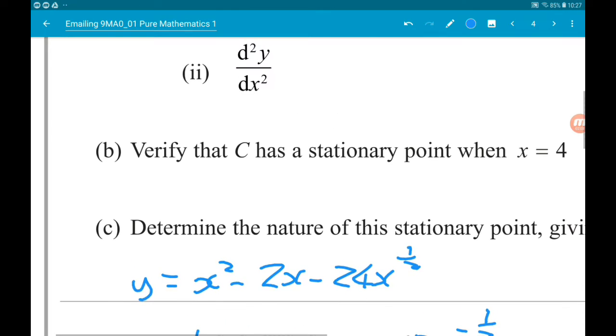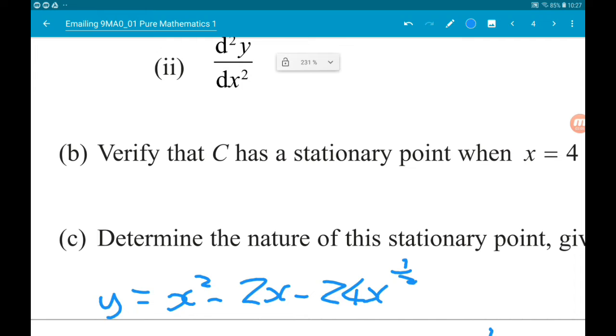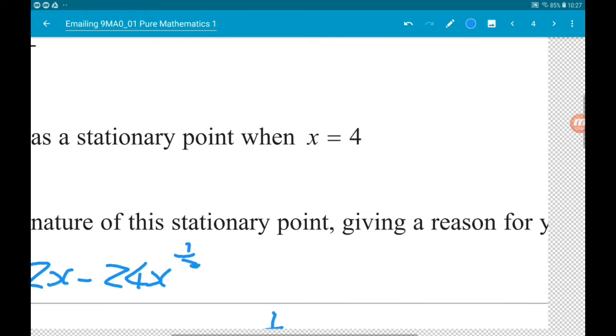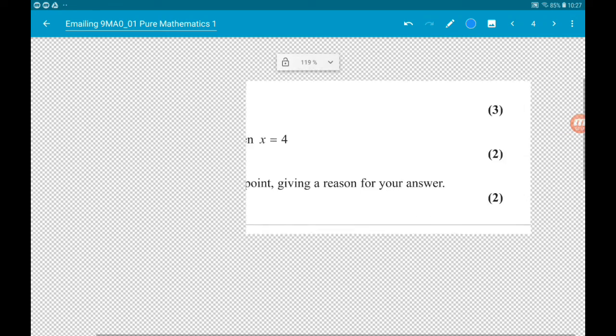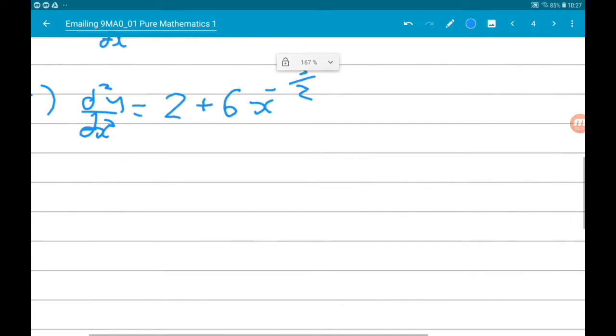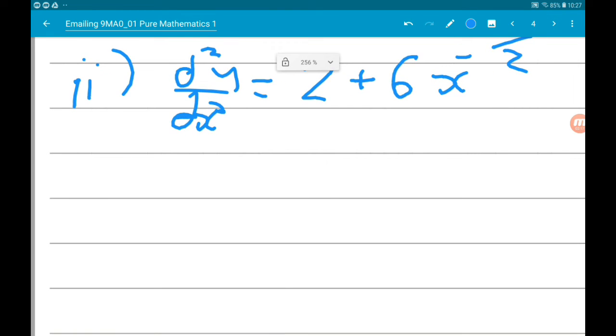Part B wants us to verify that C has a stationary point when x is equal to 4. So that's 2 marks. For B, if there is a stationary point at x equals 4, dy by dx will equal 0 when x is 4.